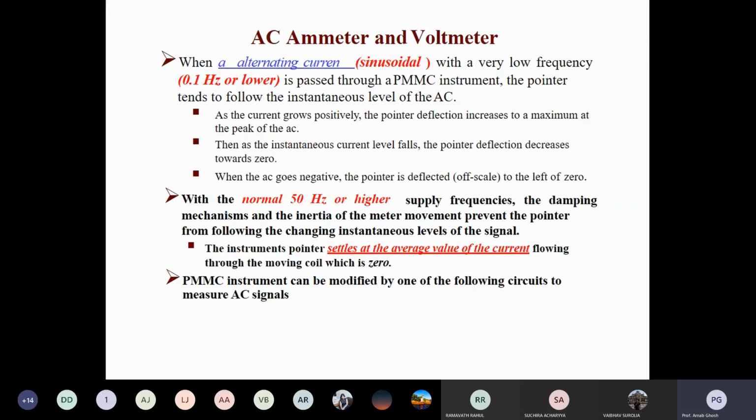First, we are concerned with the AC ammeter and voltmeter. AC, as all of you know, means alternating current. PMMC instruments are normally used for DC measurement, DC current measurement and sometimes DC voltage measurement.